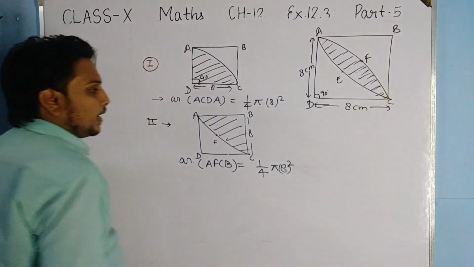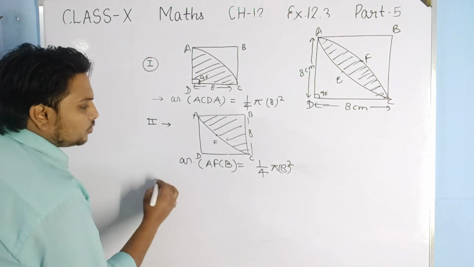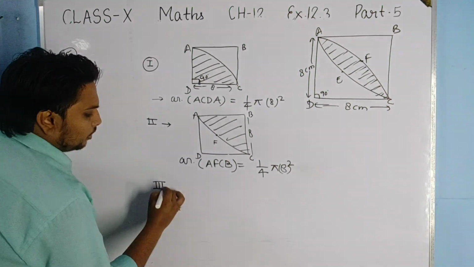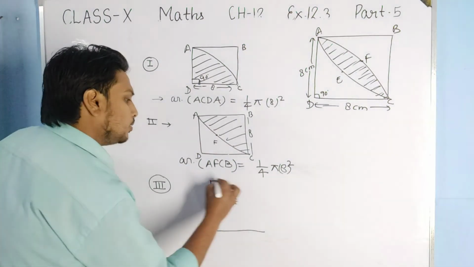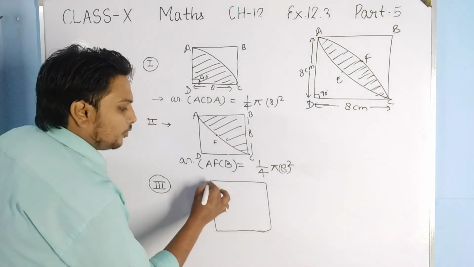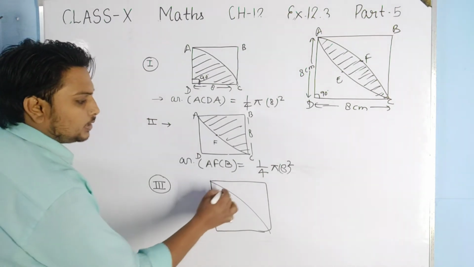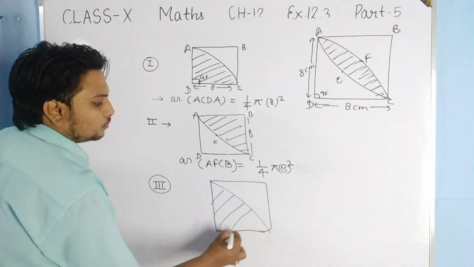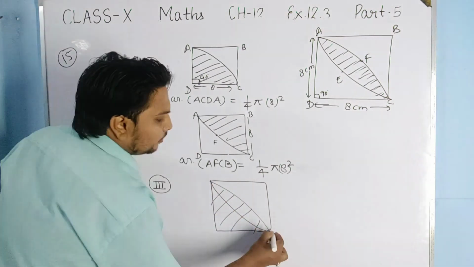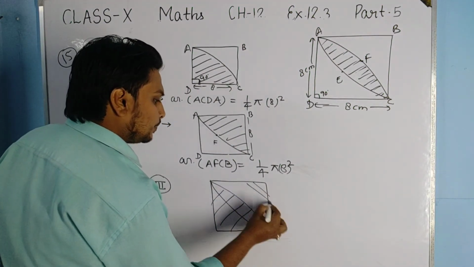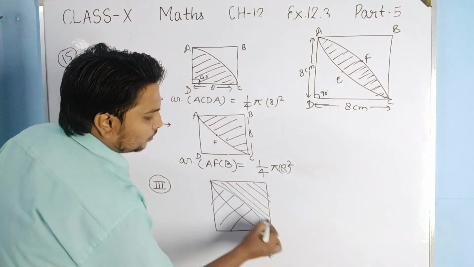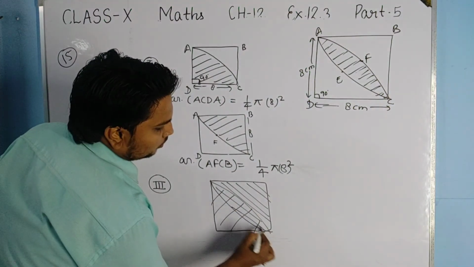Okay, and students, if we combine these two figures in the third step, see, in the first step we have found this region, in the second step we have found this region.